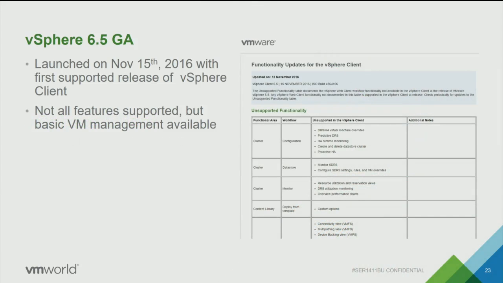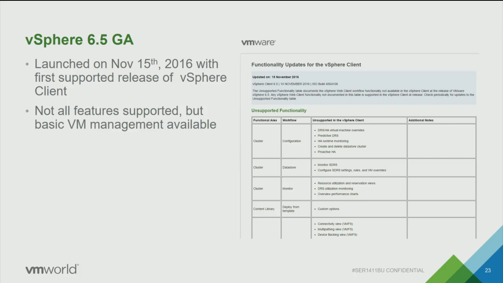Starting sometime mid of the year, we are trying to move into a model where we can release features at a much faster pace in terms of the various 6.5 updates and the patches as well.